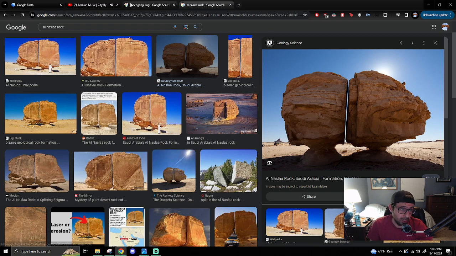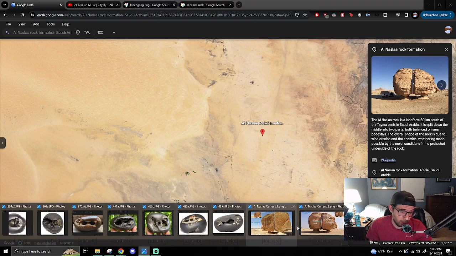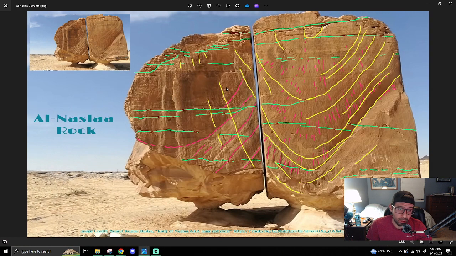So what I was thinking is this has to be the side that current flowed into. That makes sense to me, that the current ran into this, which it does in shallograms. It runs into a surface and can make it a flat surface, and then from there start to etch it in ways.